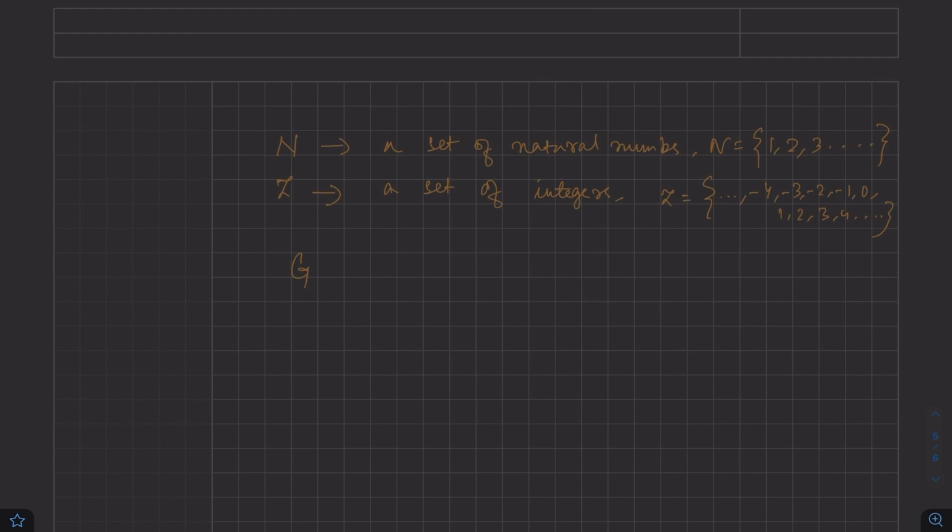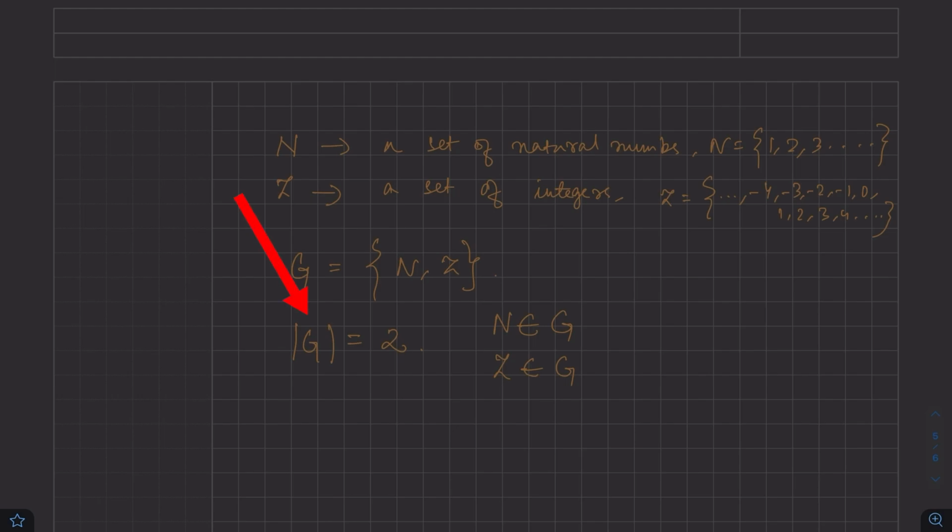Let's assume there is a set G which consists of 2 elements, the set of natural numbers and the set of integers. So what's the cardinality of G? It's 2. And what are the elements? The elements are the set of natural numbers N and the set of integers Z.